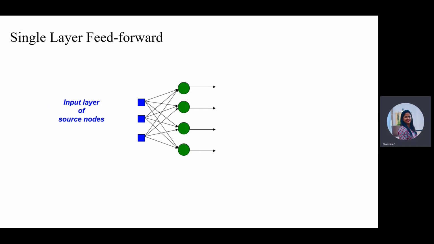Coming to the single layer feed forward neural network architecture, we can see we have the input layer of source nodes, and finally with that we have the output layer of neurons. Whatever we are seeing here, these nodes highlighted in green color, this is a layer we have. Hence this is considered a single layer feed forward neural network architecture.